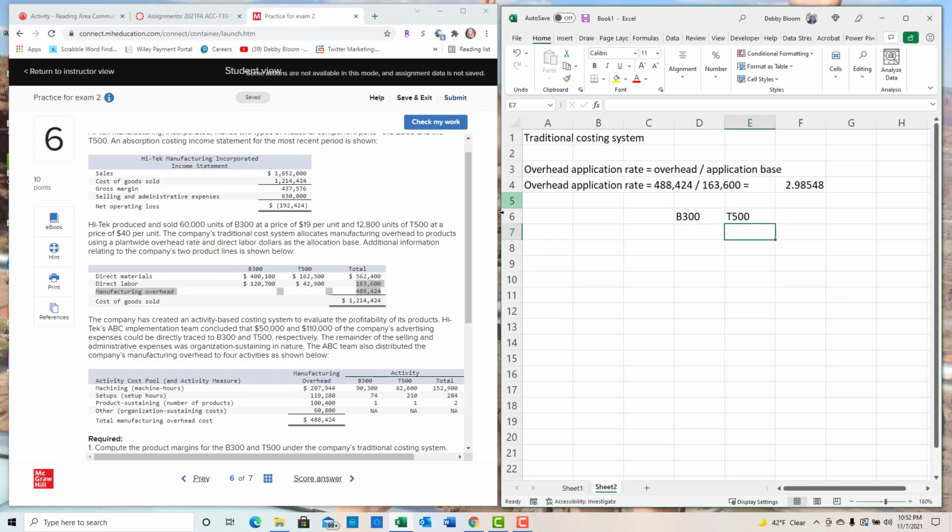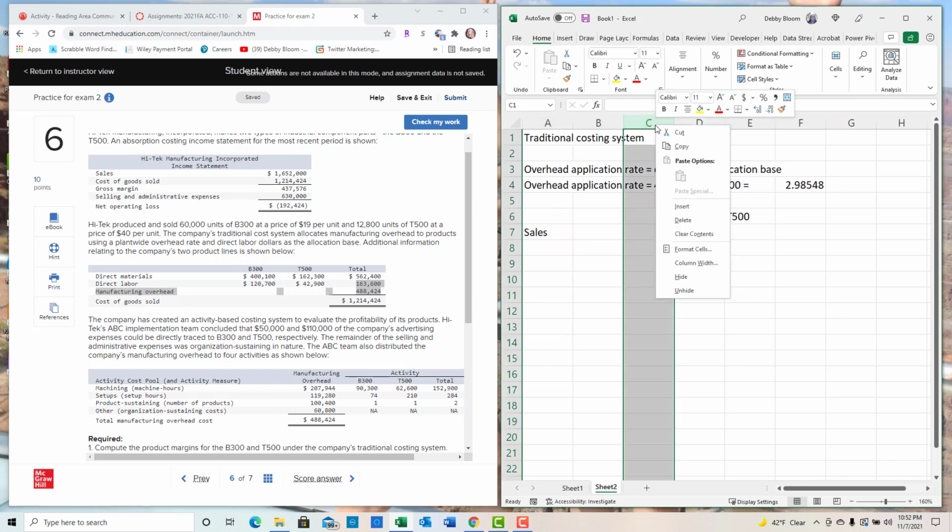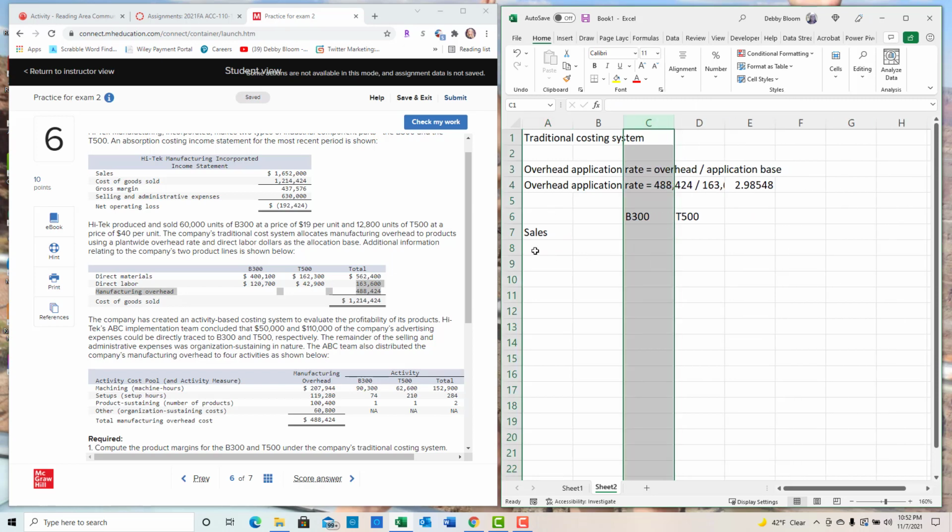So for each one, what we want to do is take the sales. Actually, I'm only going to need one column there, so I can delete that. We want to take the sales, and then subtract the materials, the labor, and the overhead.